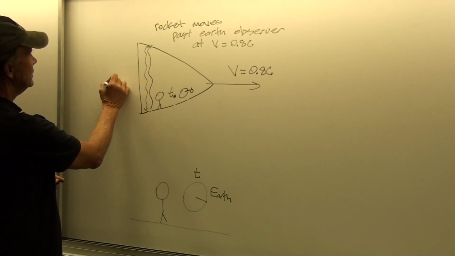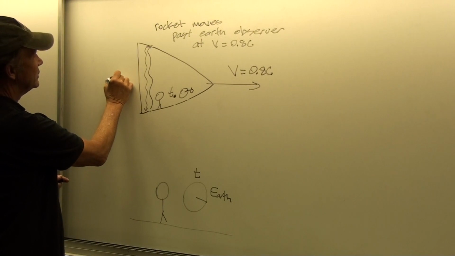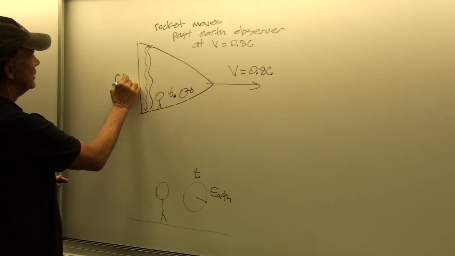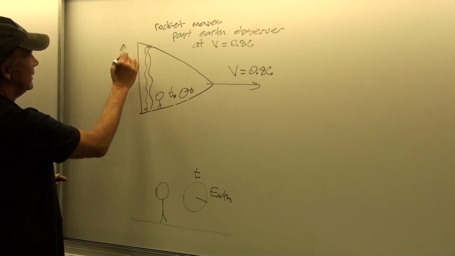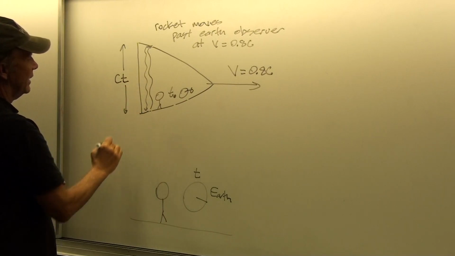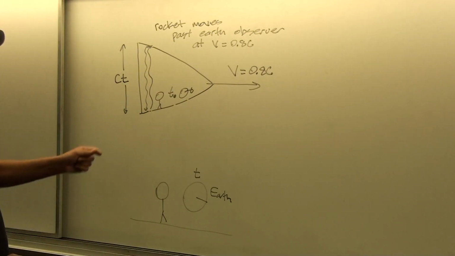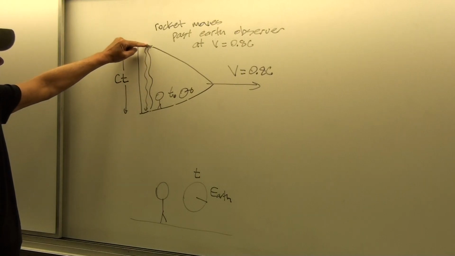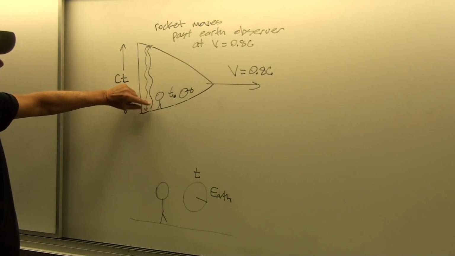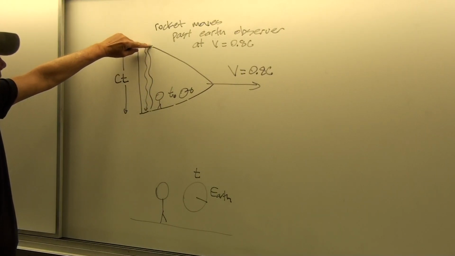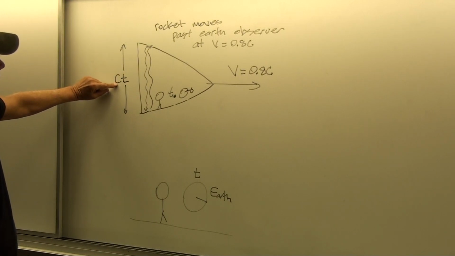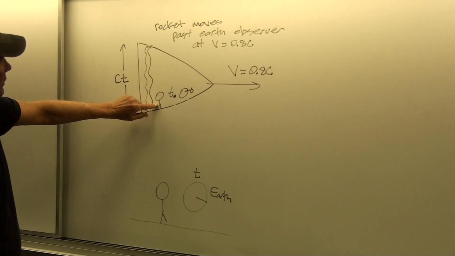This distance is equal to the speed of light times the amount of time that elapses on the rocket's clock. That's the time it takes for the light beam to move across the width of the rocket ship, moving at the speed of light. And that's what the rocket observer sees.